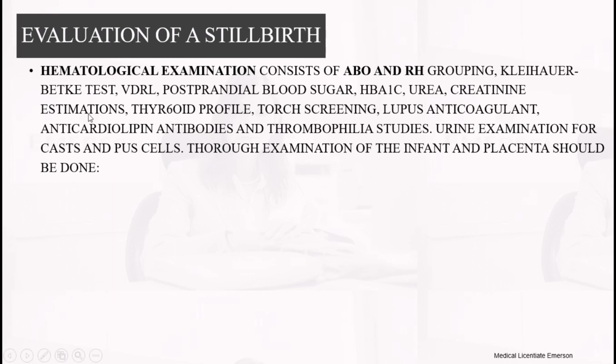Then we can have urea and creatinine estimations, thyroid profile, TORCH screening, lupus anticoagulant, anticardiolipin antibodies, and thrombophilia studies. You can also do urine examinations for casts and pus cells. So this is urine. Then thorough examination of the fetus and placenta should be done.